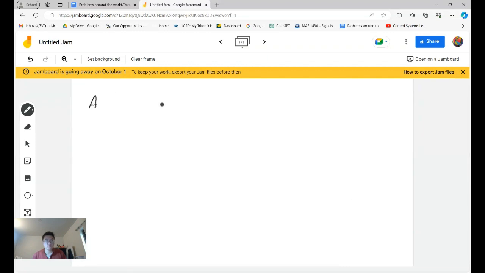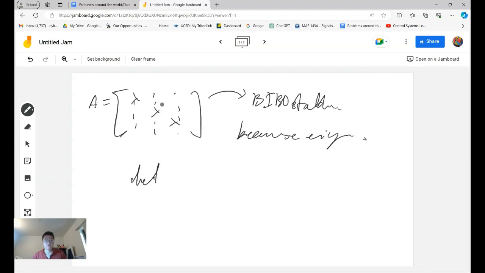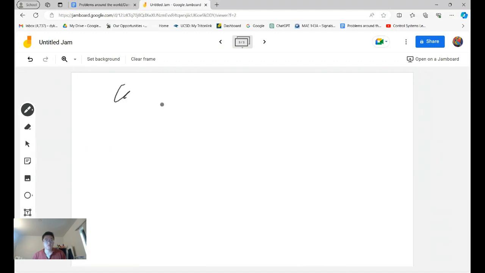And then this A is a matrix that goes like down, theta, theta, theta, and you can get eigenvalues here, which means that this is stable, because if you have a determinant of this equals 0, you're good. Uh, if you're doing a control system problem, which is a different equation, you're good.